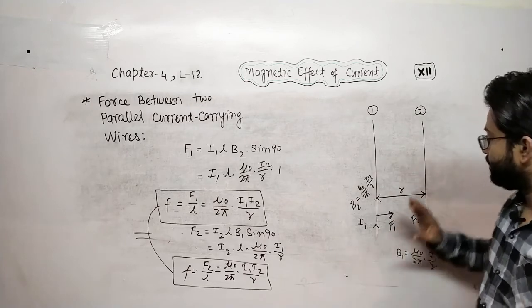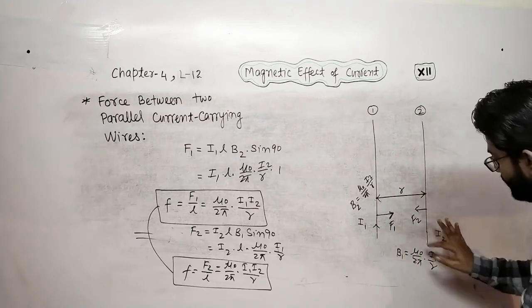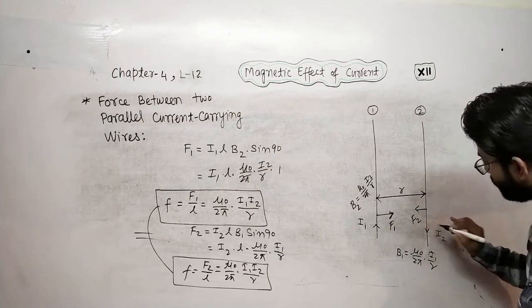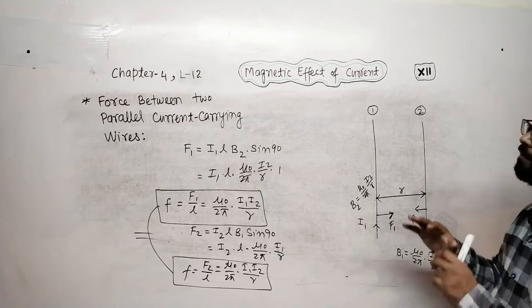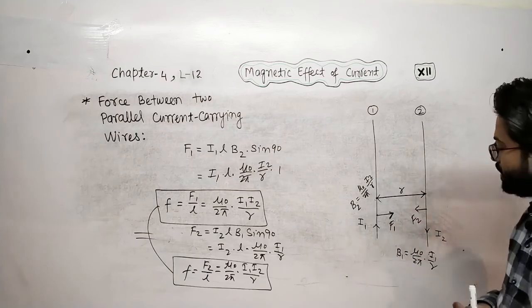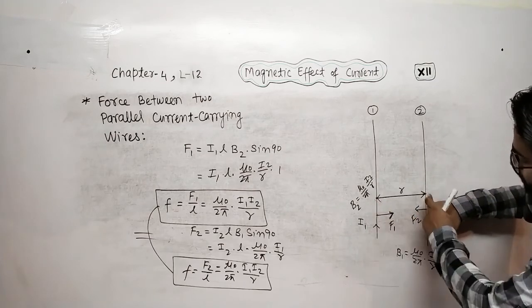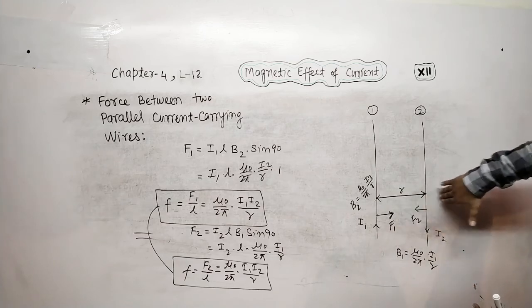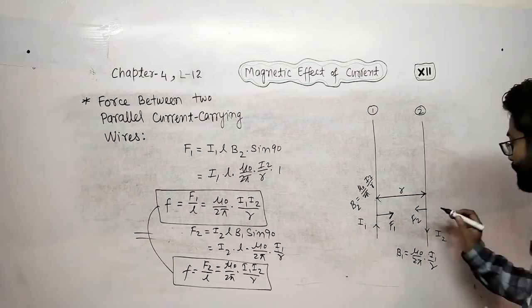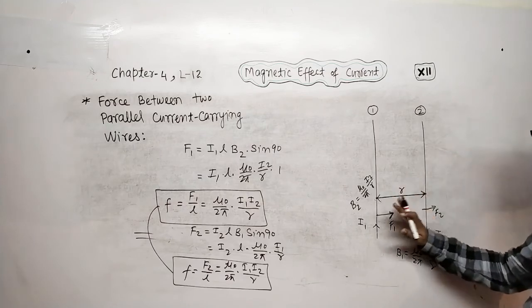If this wire carries current in the opposite direction, the magnitude will be the same, but the wire is in this direction and the magnetic field produced by this wire is into the plane, so the force F2 will be in this direction.